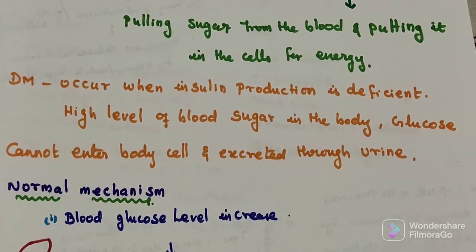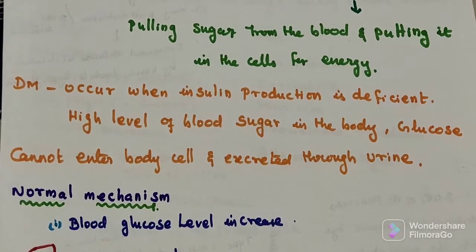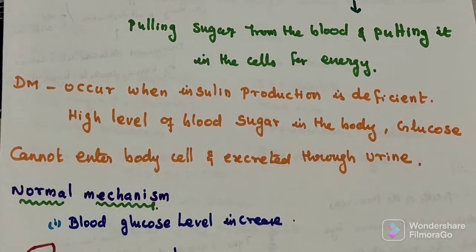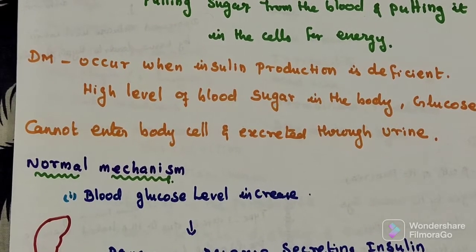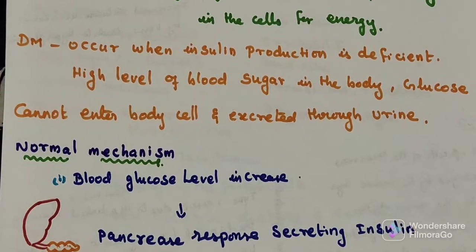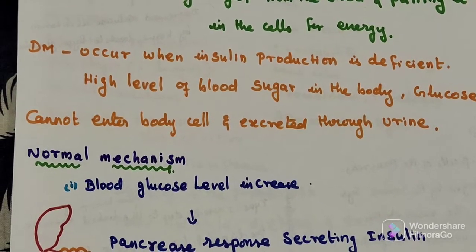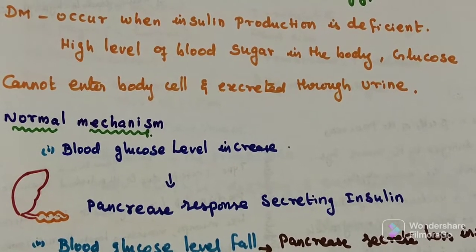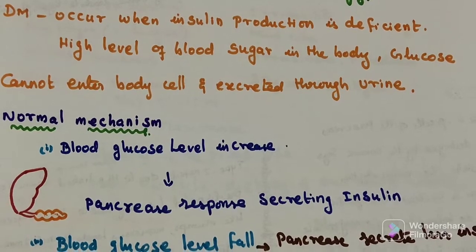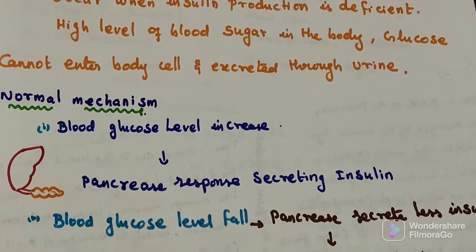To understand what happens in a diabetic patient, we need to understand what happens in the normal mechanism. Whenever the blood glucose level increases, the pancreas responds by secreting insulin.